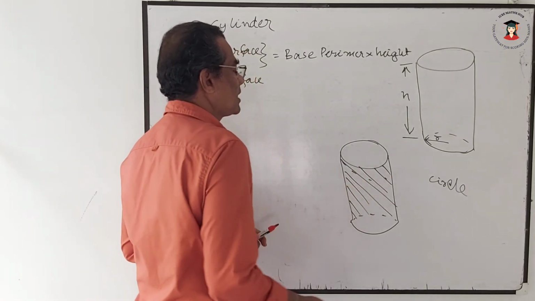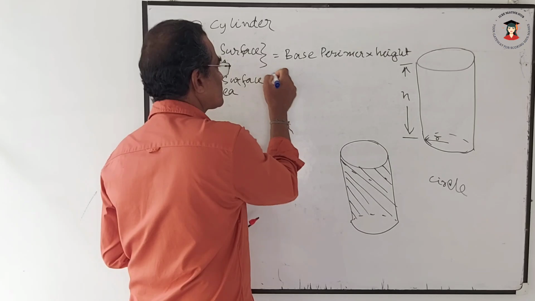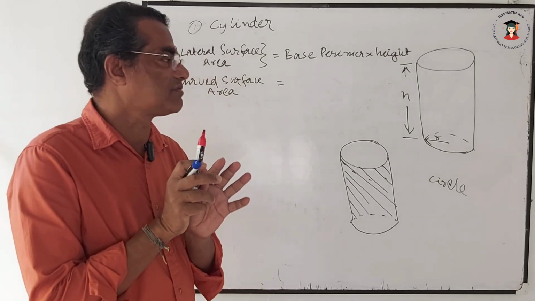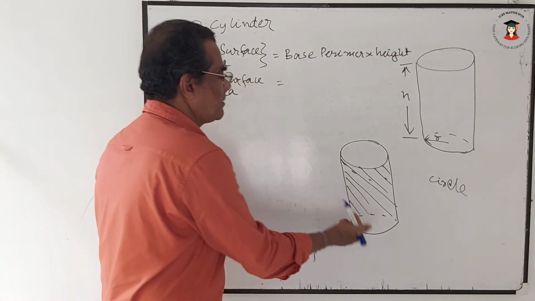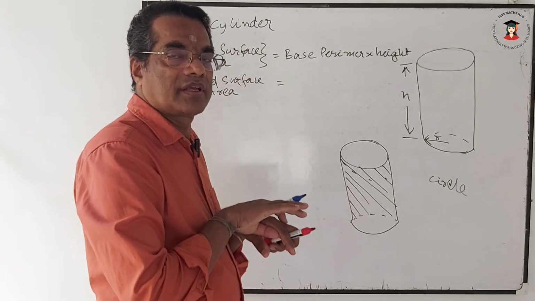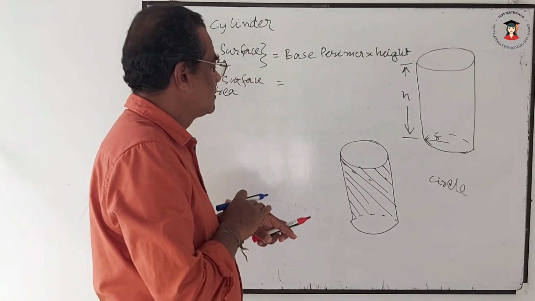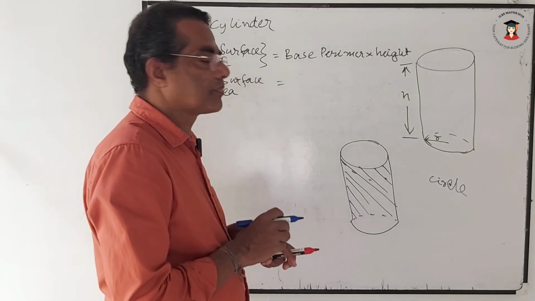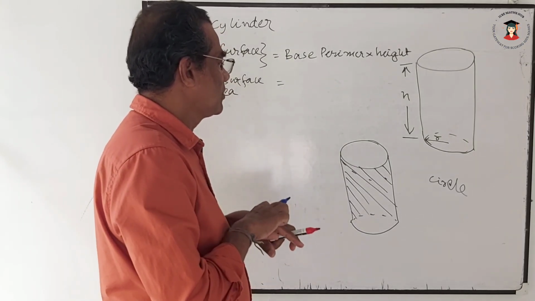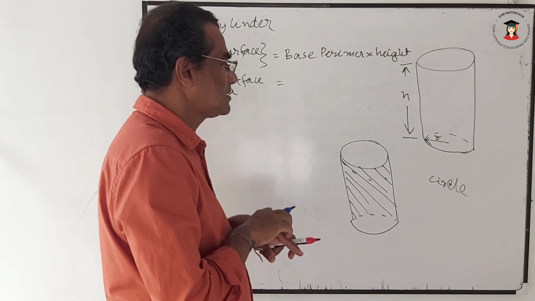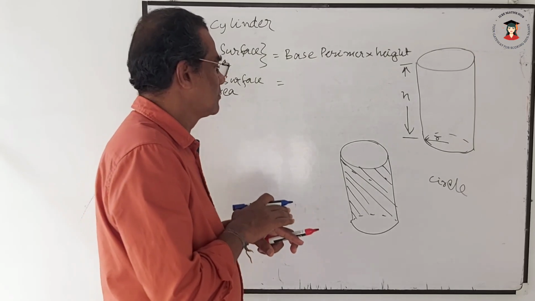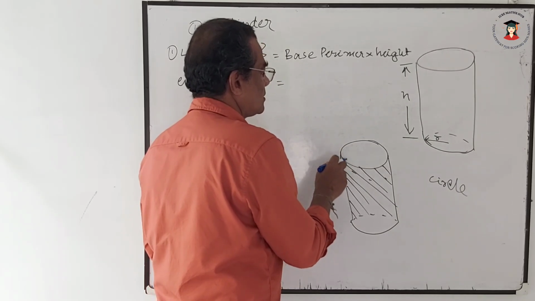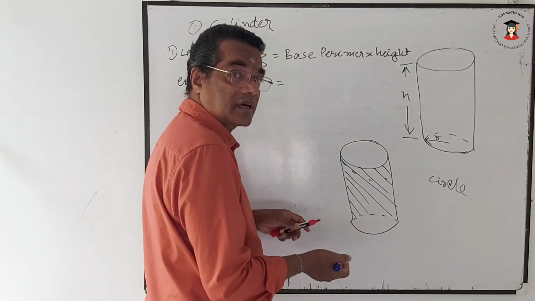So, how can we find out the curved surface area? See, if I wrap the curved surface with a paper, after covering it fully, and if I take that paper back, I am covering the curved surface in such a way that there is no overlapping on the curved surface, and there is no portion hanging after the curved surface.